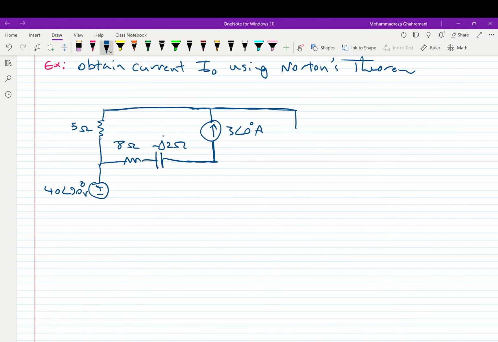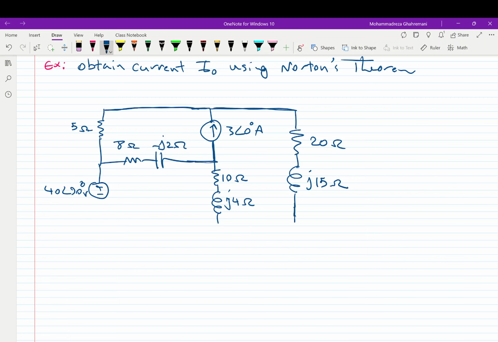Then we connect it to a resistor with a value of 20 ohms and an inductor with a value of J15 ohms. And also here we have a resistor with a value of 10 ohms and an inductor with a value of J4 ohms.